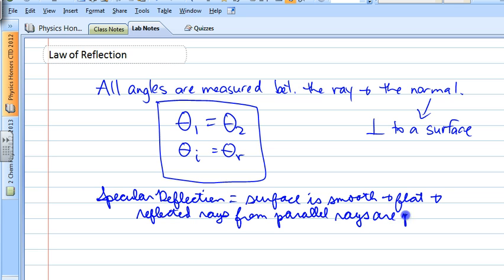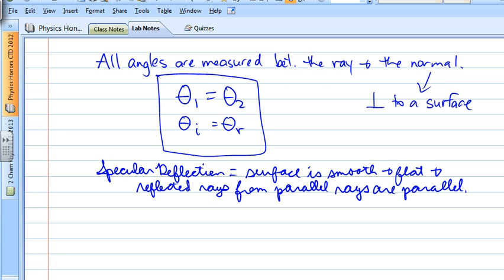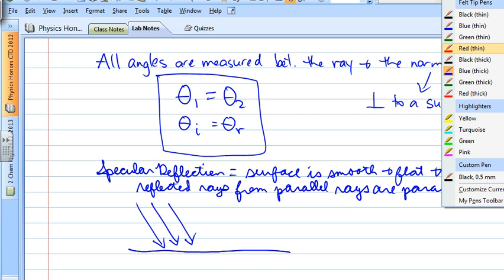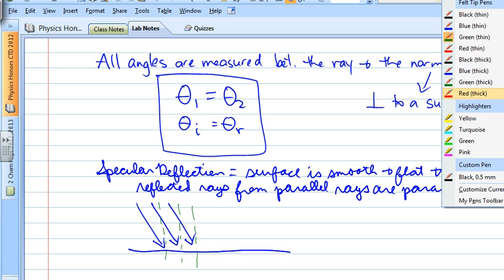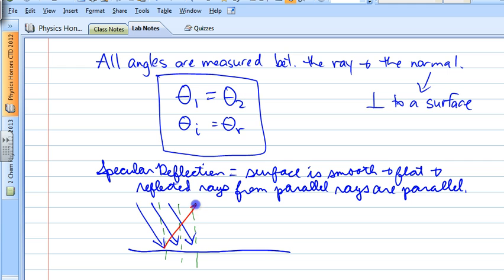are themselves parallel. I realize that sentence may not make a whole lot of sense, but think about it this way. Here's a mirror, here's a bunch of incoming parallel rays, and for each of those rays I can make some sort of a normal, and because they each obey the law of reflection, the reflected rays will emerge parallel, and they're supposed to be the same spacing as before.